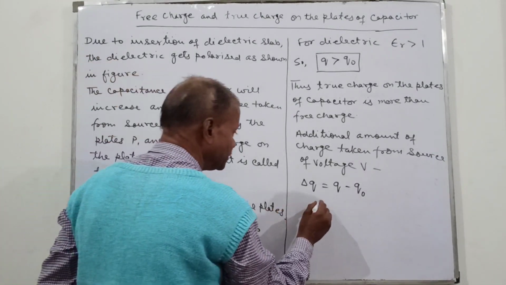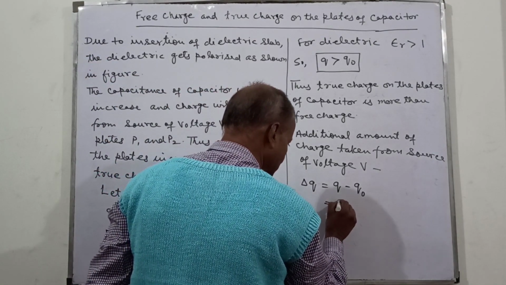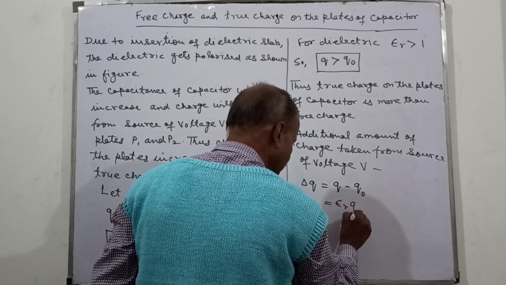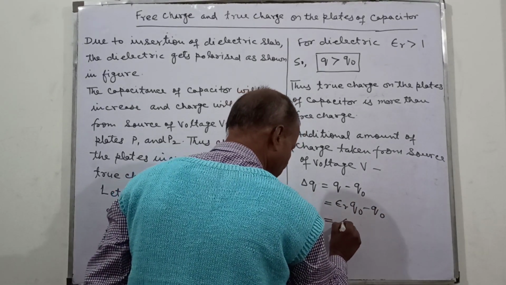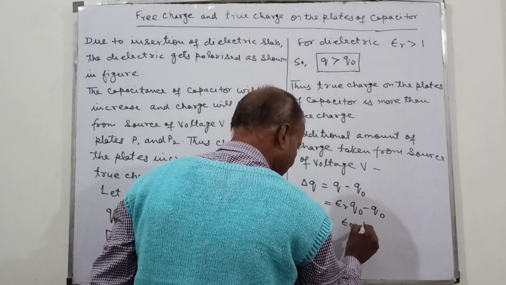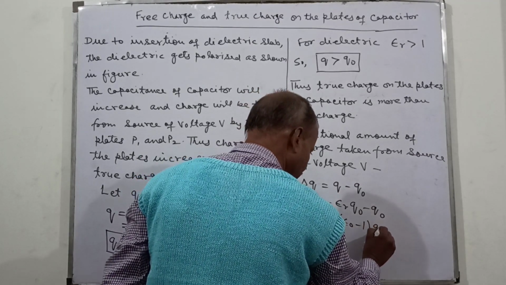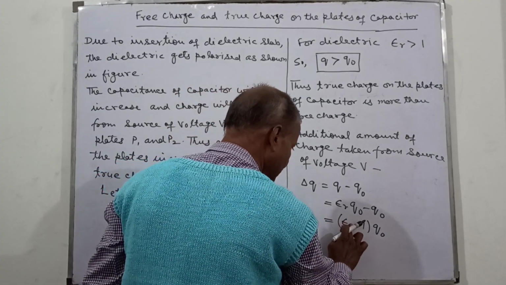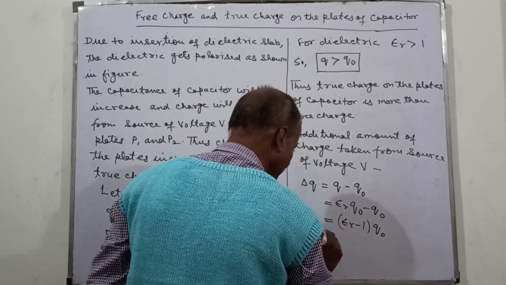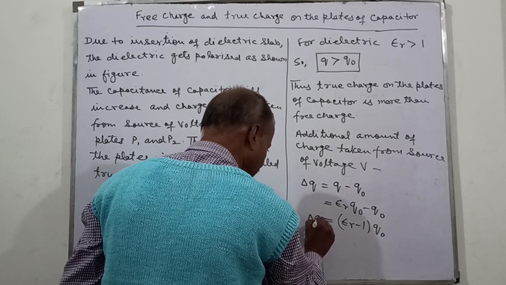So this is epsilon r into Q naught minus Q naught. So this is equal to epsilon r minus 1 into Q naught. This is equal to delta Q.